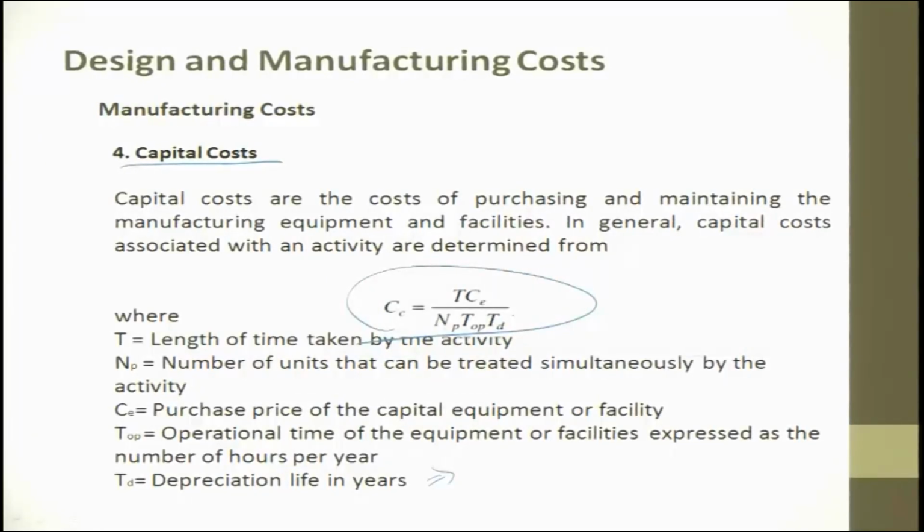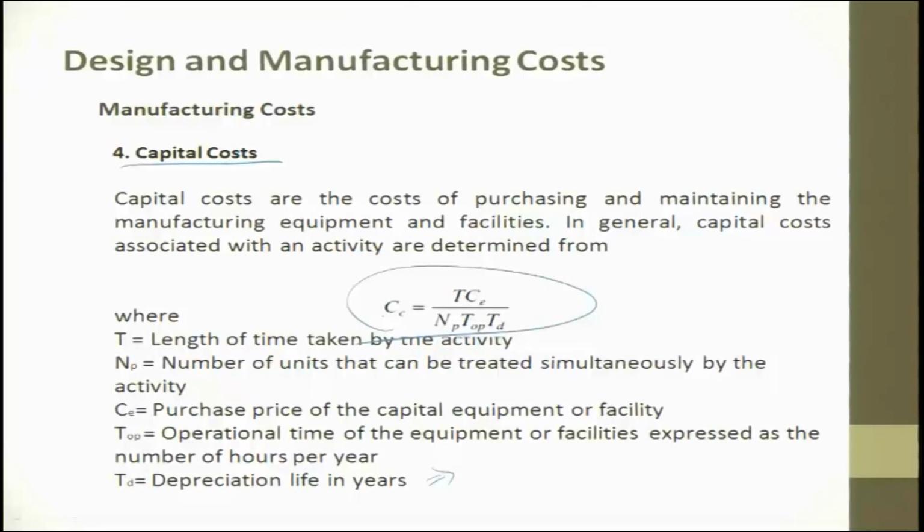Many items, if you start putting depreciation over a period of time, the value becomes 0. But the product or the part or the building which you hold has a value even after the depreciation life period is over. So, here costing plays a very important role. Okay. So, this is how you try to calculate the capital cost.